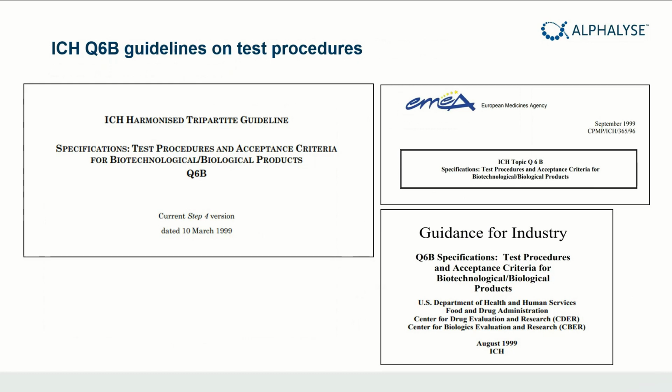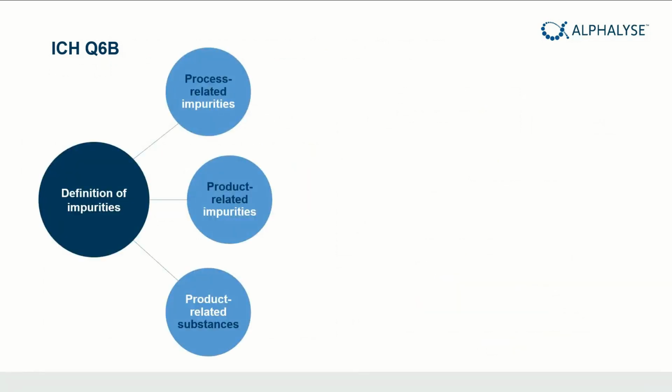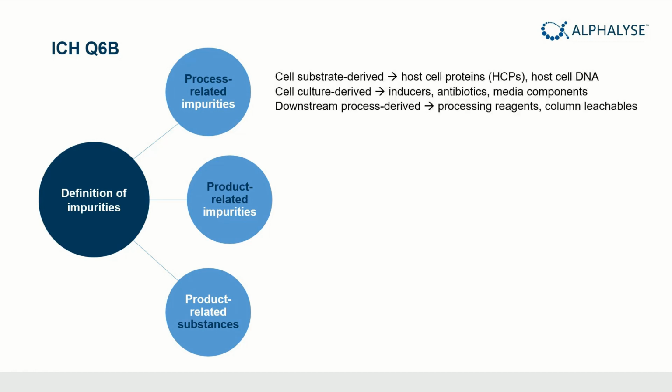So these guidelines describe how you should characterize these impurities. So there are basically 3 types of impurities as listed here. There are the process-related impurities, there are the product-related impurities, and then there are the product-related substances.